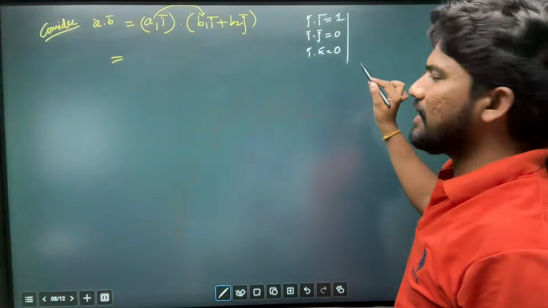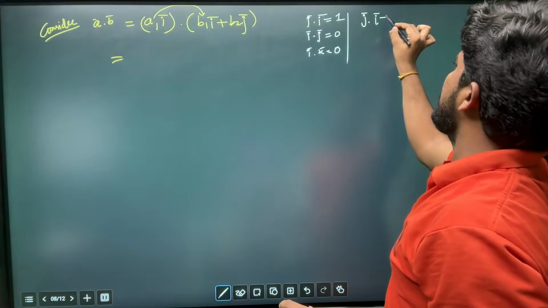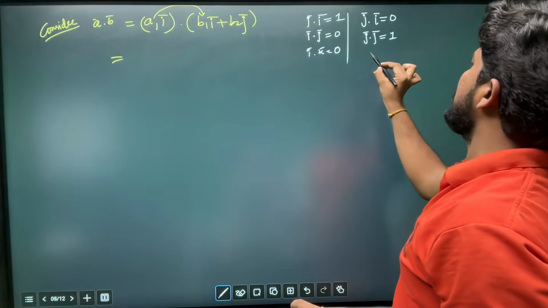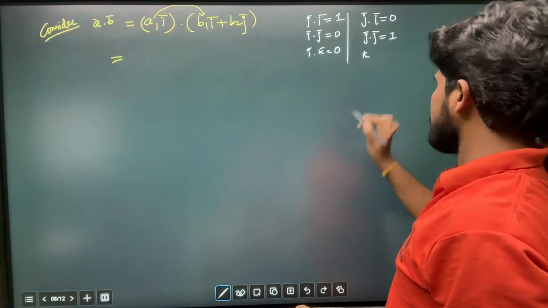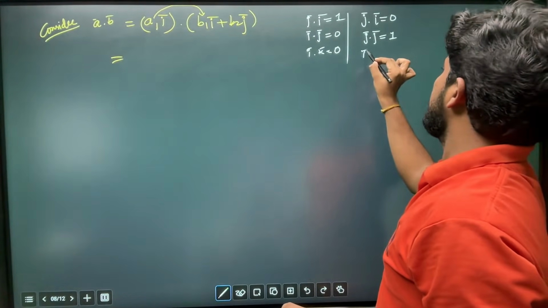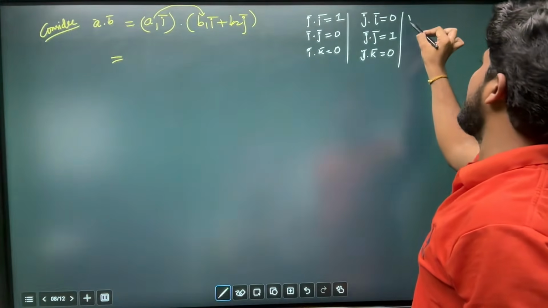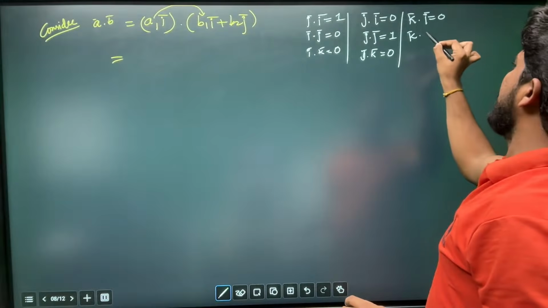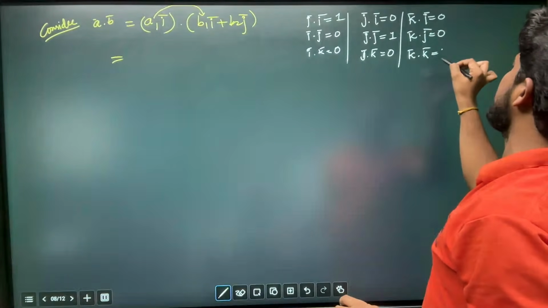Next, in dot product, J bar dot I bar value is also 0. J bar dot J bar becomes 1, and J bar dot K bar also becomes 0. Next, K bar dot I bar is also 0, K bar dot J bar is also 0, and finally K bar dot K bar is equal to 1.